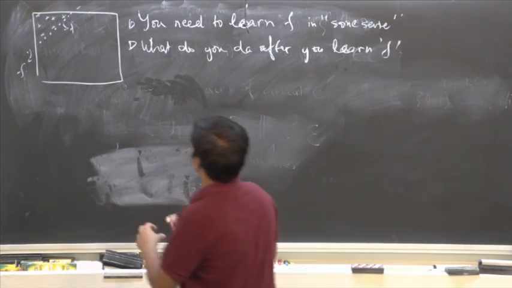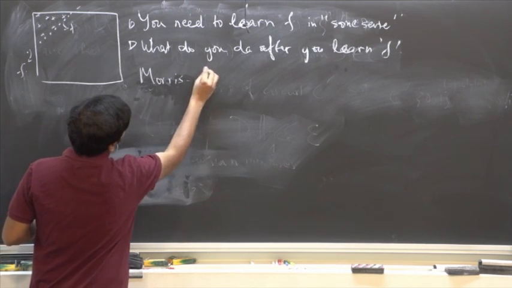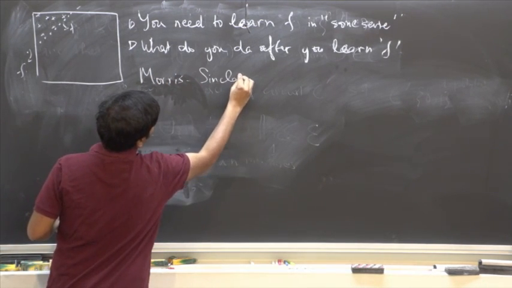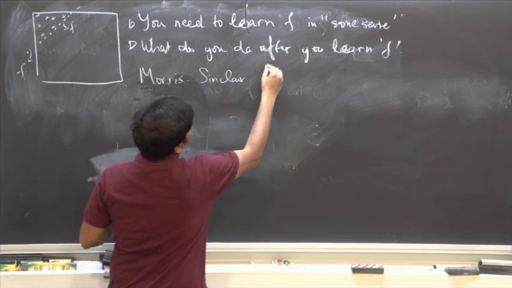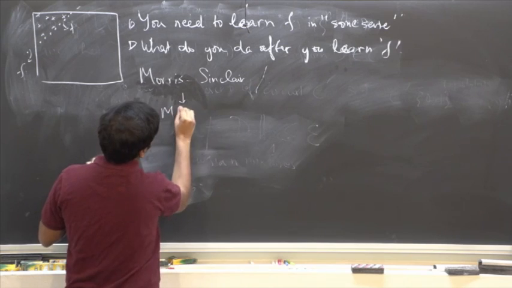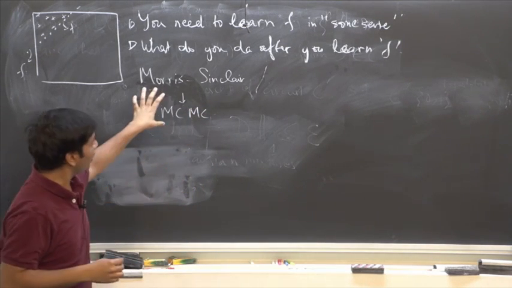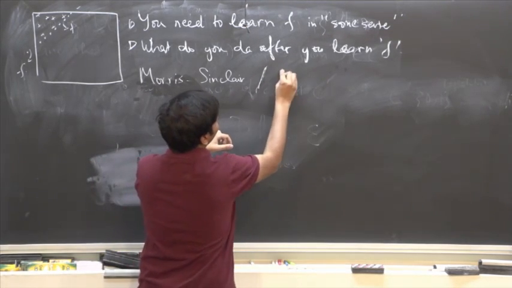And the answer is provided in a series of papers. This was the first paper, by Ben Morris and Alistair Sinclair, who used the Markov chain Monte Carlo method to sample from uniform on F inverse 1. It's a pretty involved paper, I don't know the proof fully.